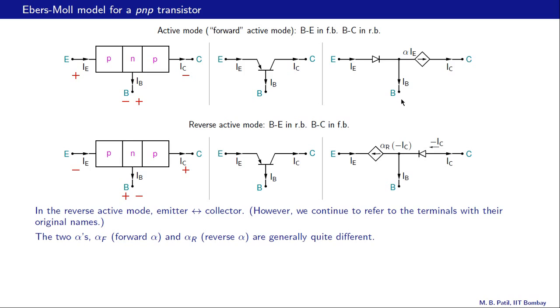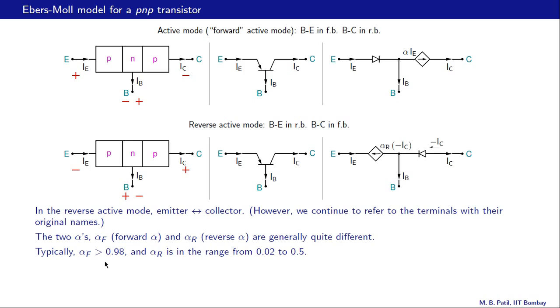This is called alpha F, or very often simply alpha, and this is called alpha R. Alpha F is also called the forward alpha, alpha R is called the reverse alpha, and they are generally quite different because, as we mentioned earlier, the base emitter junction and the base collector junction are very different from each other. The doping densities are not symmetric, and therefore these two alphas are generally quite different.